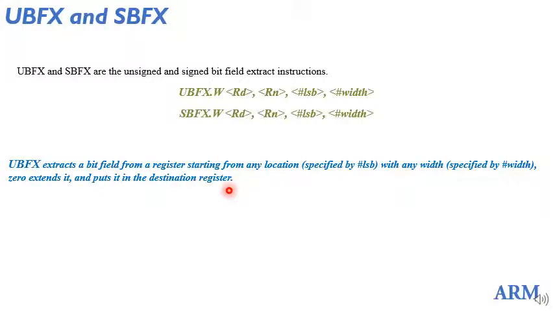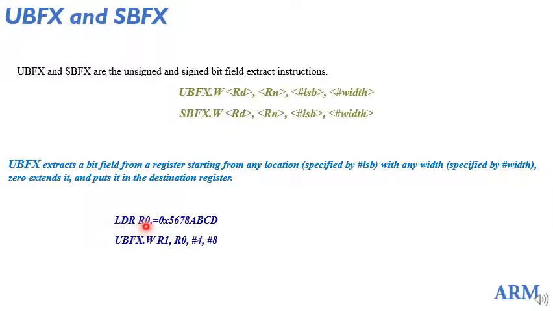So here, unlike your BFI, both the operands, #lsb and #width, correspond to the source register Rn, and the required bit field is extracted and copied to Rd, and the remaining bits are zero extended in case of UBFX. UBFX is for unsigned numbers. So we'll look into an example.